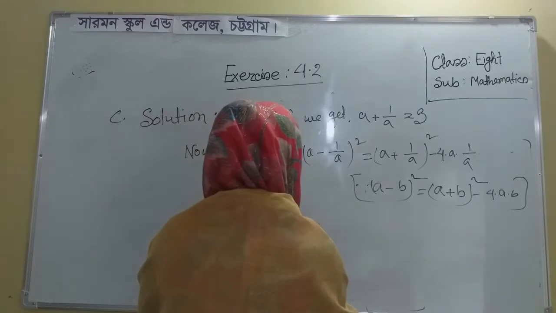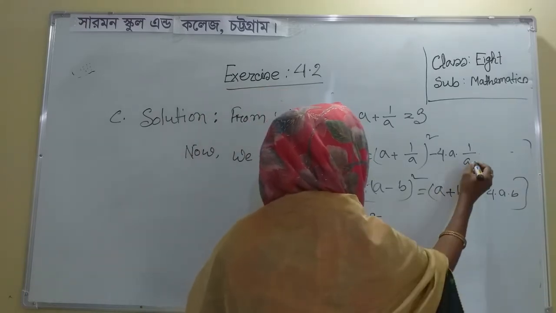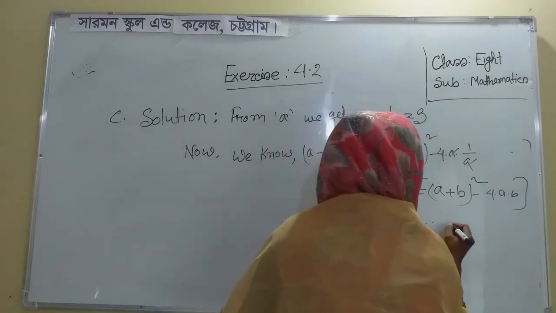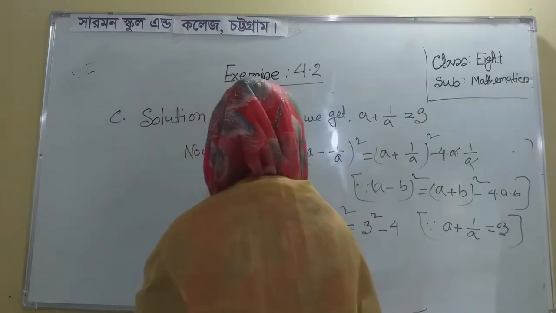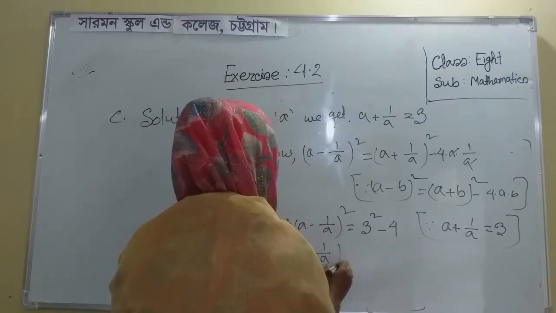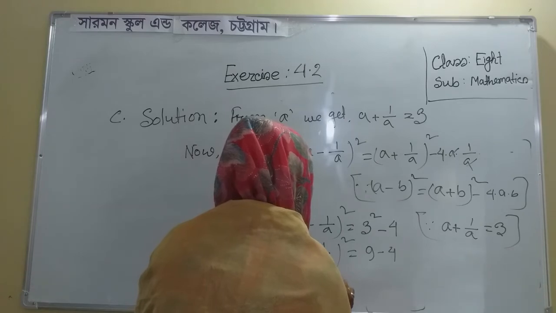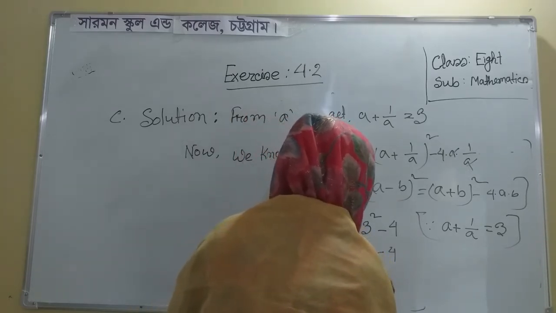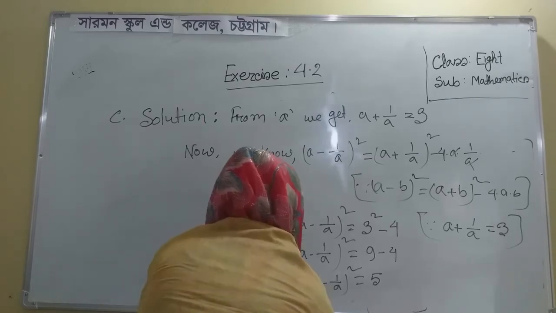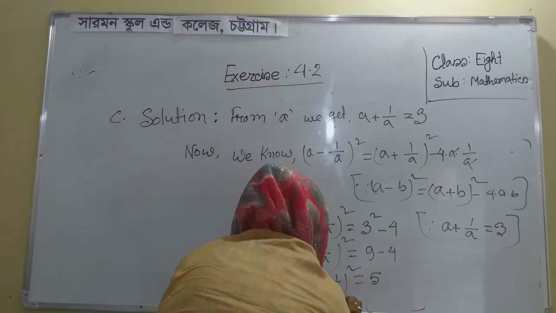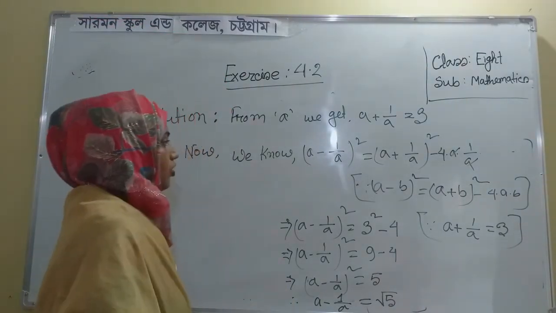So a minus 1 by a whole square equal to 3 square minus 4, since a plus 1 by a equal 3. So a minus 1 by a equal root 5.